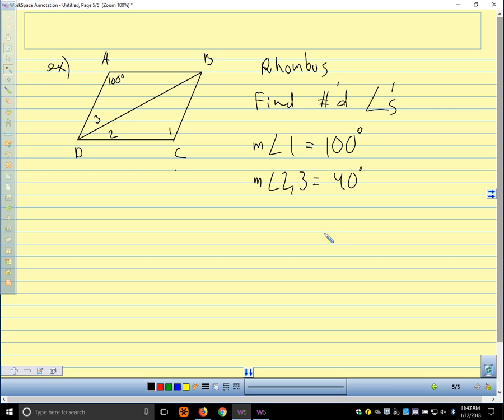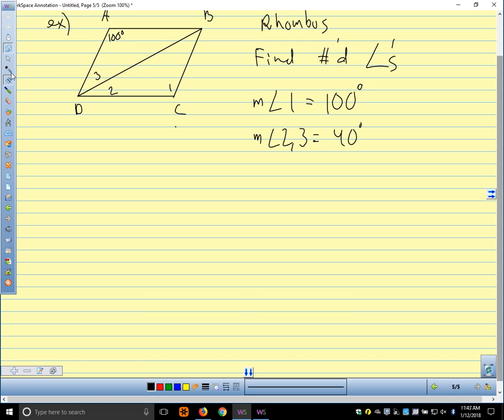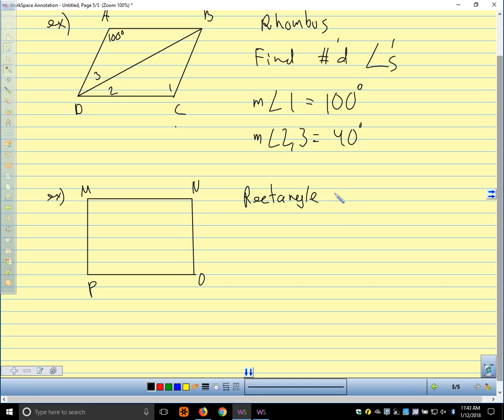All right, questions? Last example. This one is a rectangle. And I'm going to draw in some diagonals.